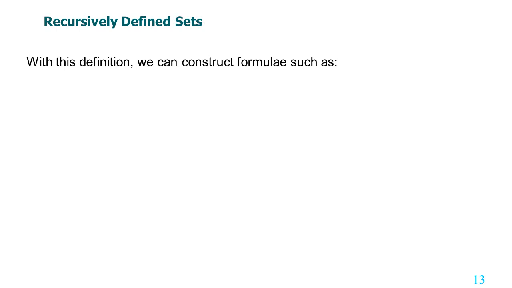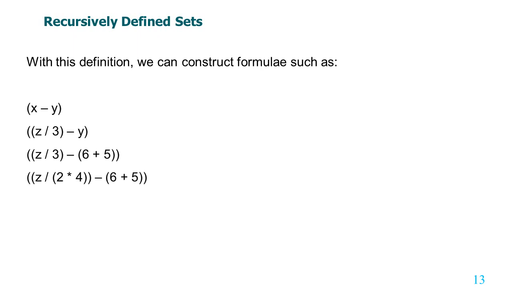With this definition, we can construct formulas such as x minus y, z divided by 3 minus y, z divided by 3 minus 6 plus 5, and z divided by 2 into 4 minus 6 plus 5.